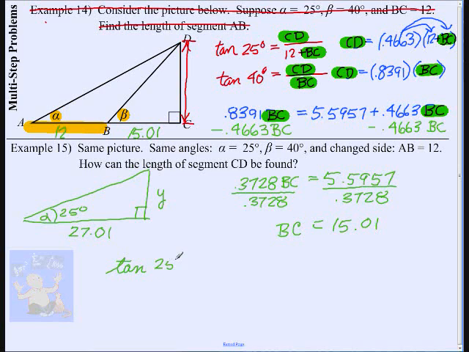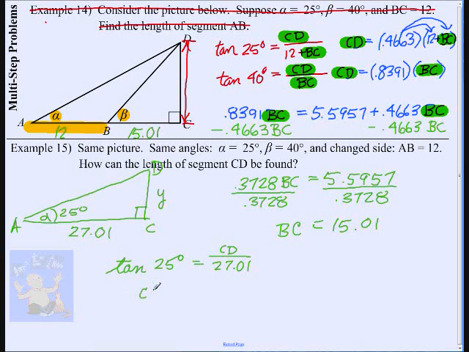Tangent of 25 degrees equals our unknown, which is CD, over my y, which is 27.01.